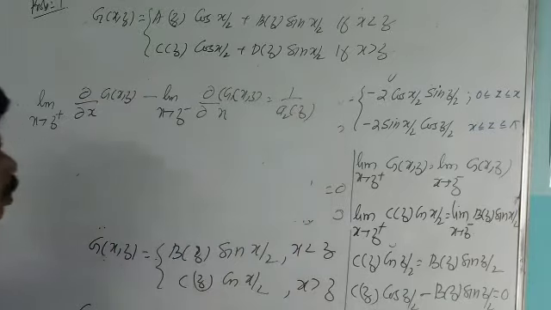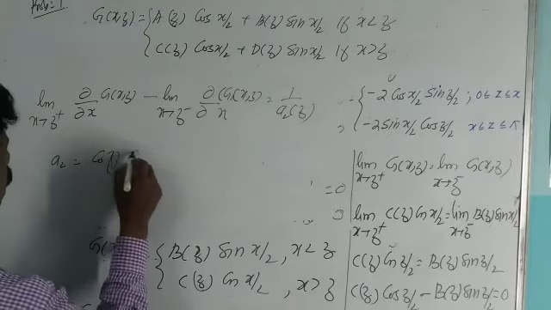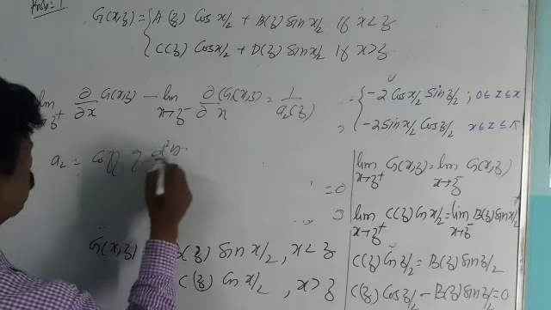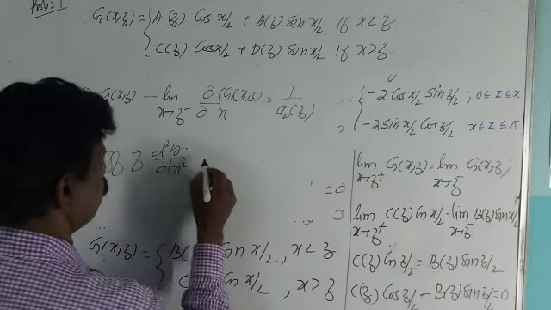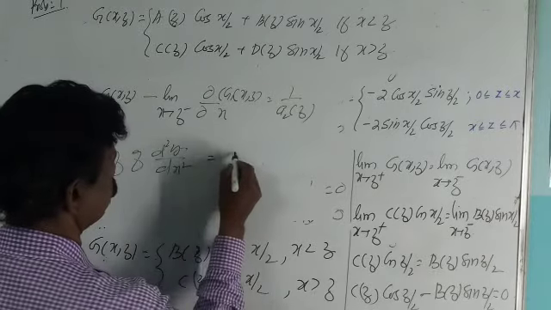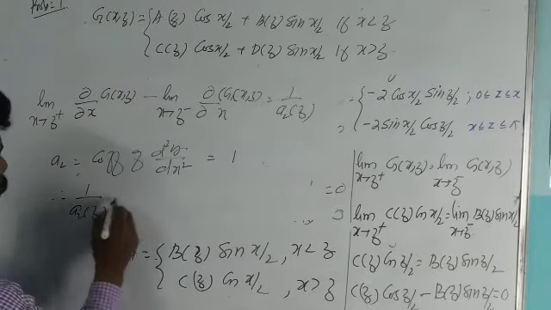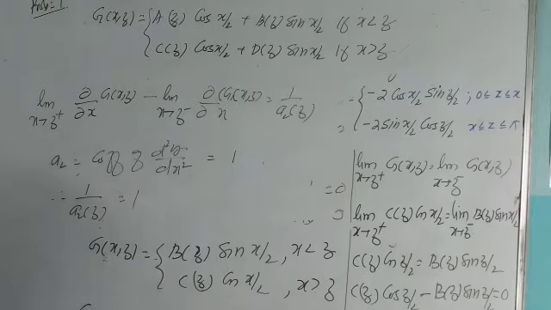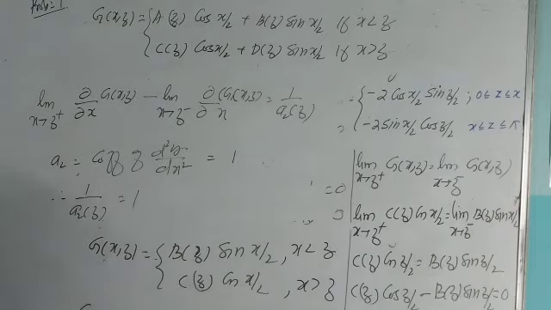What will be a2? a2 is the coefficient of d square y by d x square, that is equal to 1. Therefore, 1 by a2 is equal to 1. That will be the fourth condition. The third condition is done and next we go to the fourth condition.